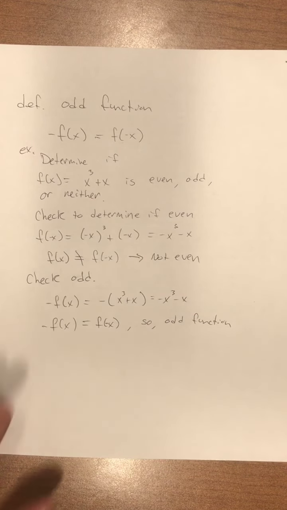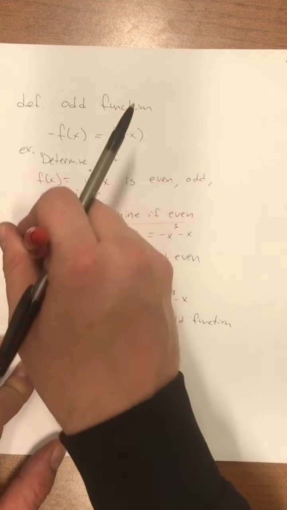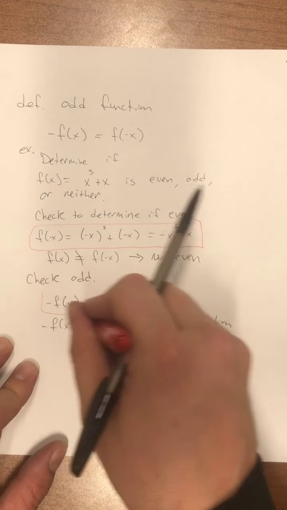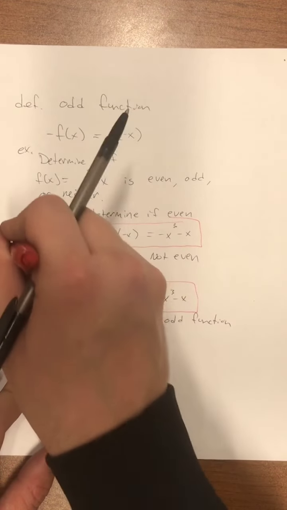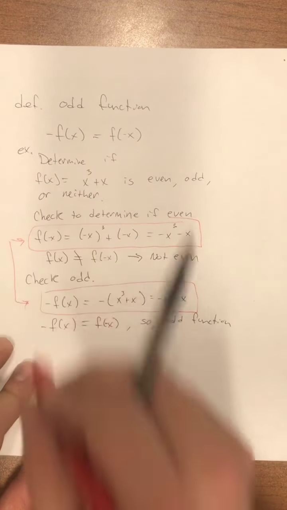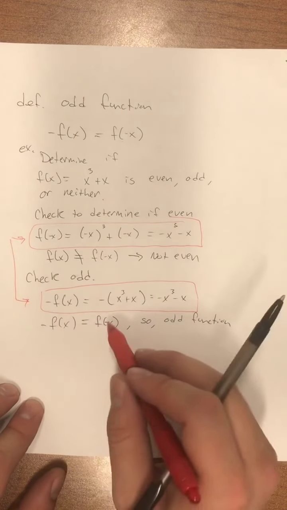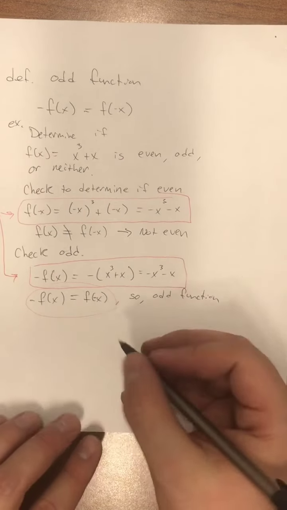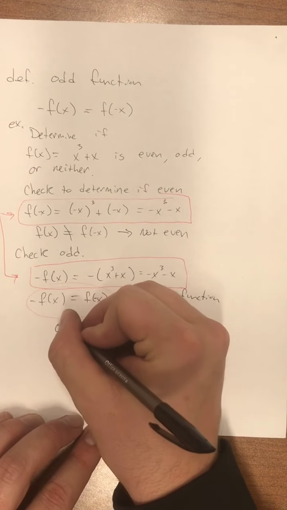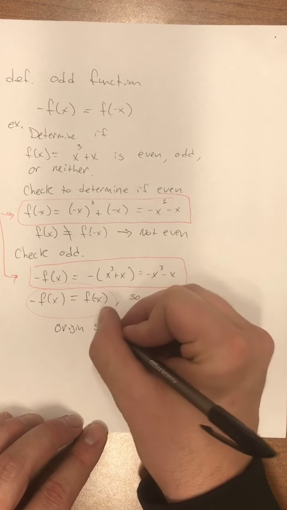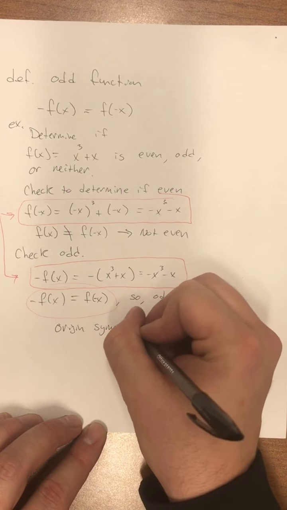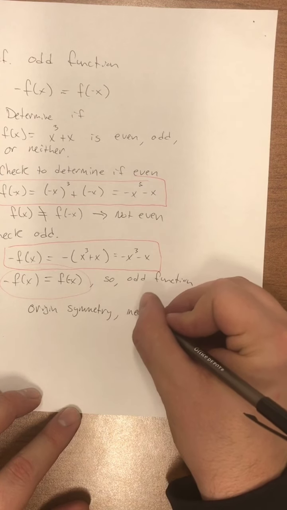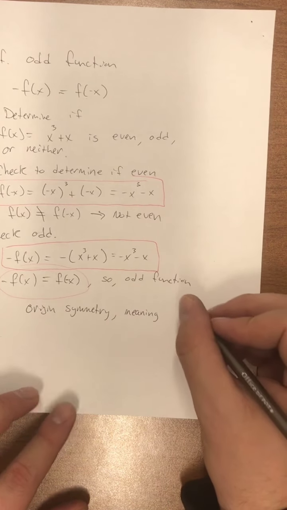So since this f of negative x is equal to this, that's what gives us that negative f of x equals f of negative x. On the graph, odd functions have origin symmetry.